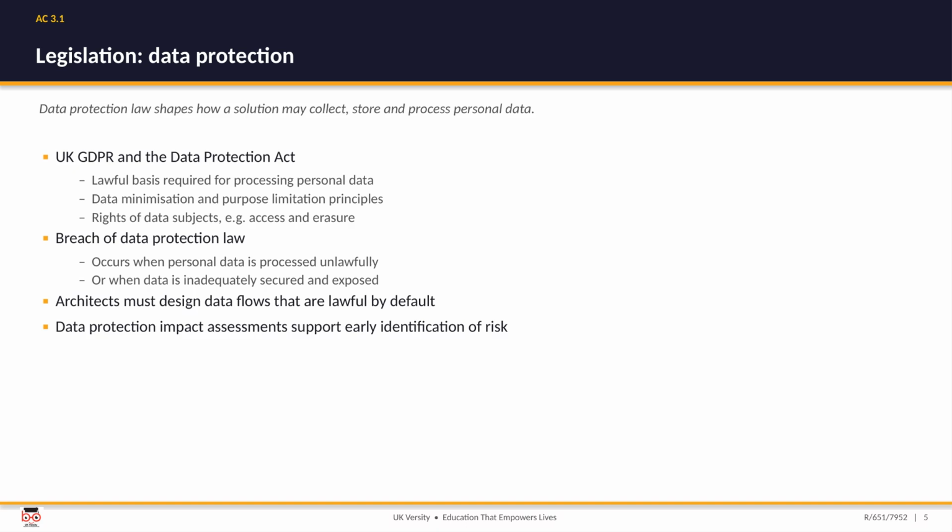Data subjects also have rights, such as the right to access their data or have it erased. A breach happens either when data is processed unlawfully or when it's inadequately secured and ends up exposed. So architects should design data flows that are lawful by default, and a data protection impact assessment is a good way to surface risk early.